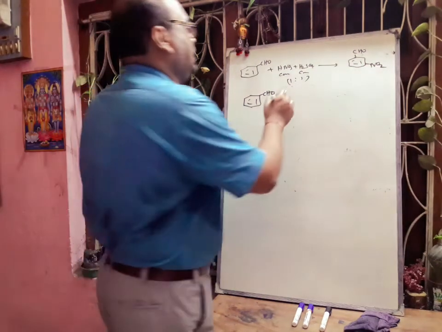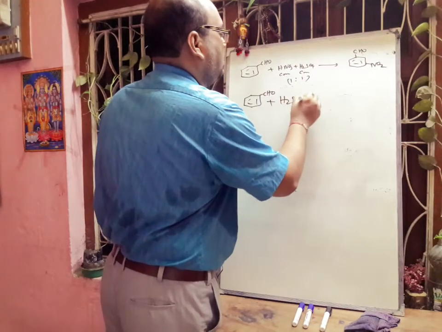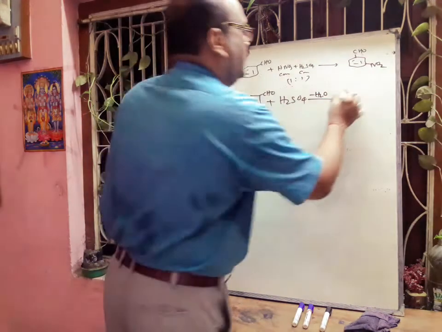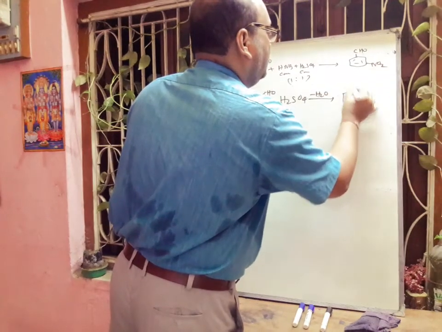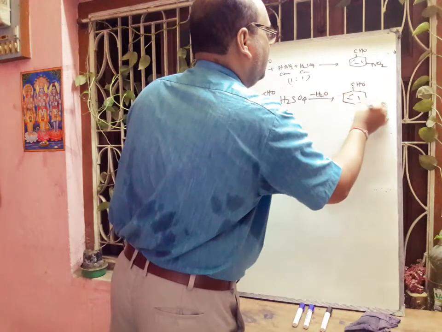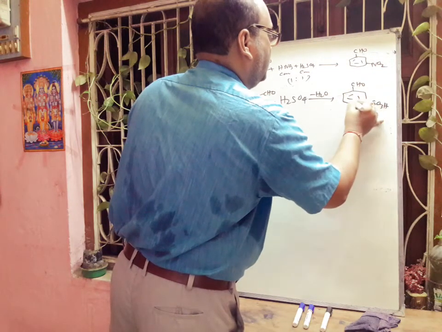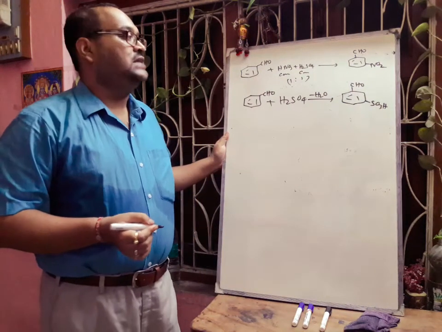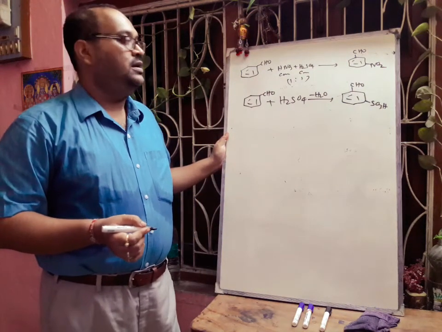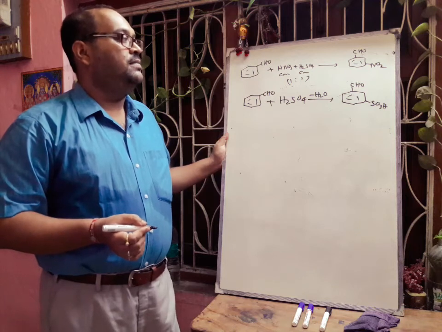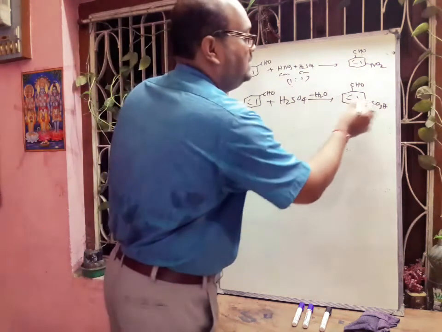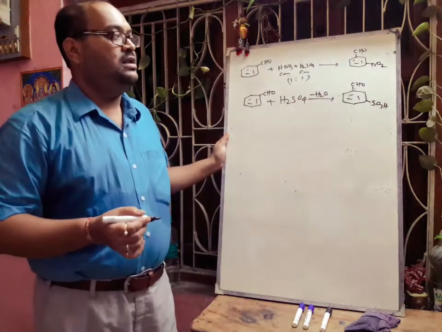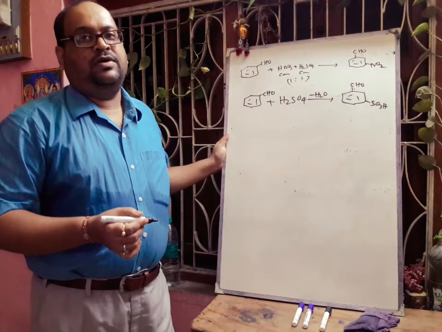So here if you give H2SO4, there will be elimination of water and you will get the SO3H, that is meta sulfonic acid. You can call this 3-formylbenzene sulfonic acid.